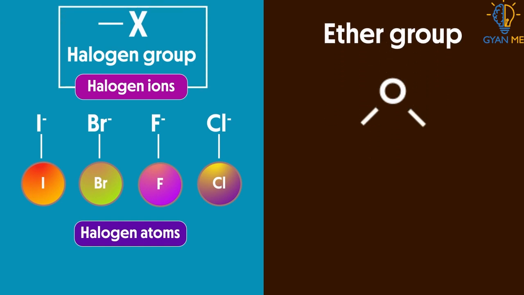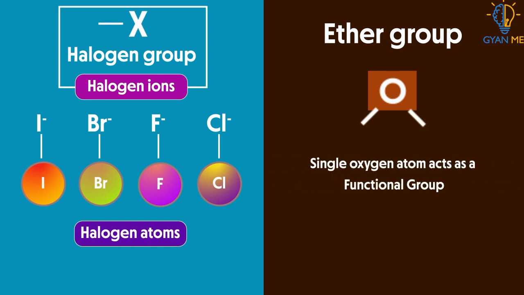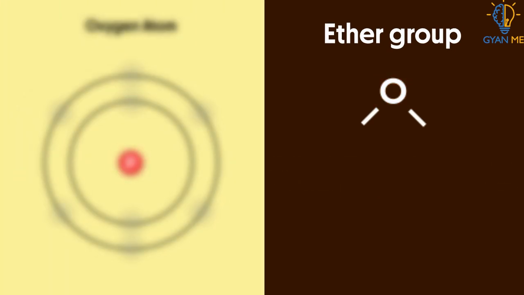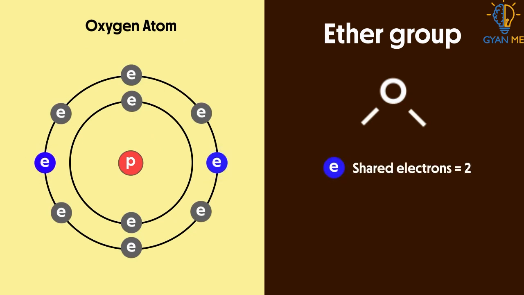On a similar basis here, the oxygen atom acts as a functional group since it has two electrons and it can share these electrons with the carbon atom of alkyl groups.